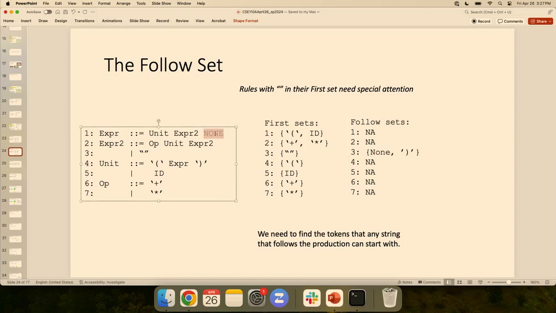But actually, maybe it makes sense that none isn't always necessary, right? So what you say is, a none can follow here, but also, this is at the end of an expression. So this is where the recursion starts. You now say, we're at the end of an expression, so what can follow an expression? Well, that's where expression appears, and we have a closing parenthesis there.